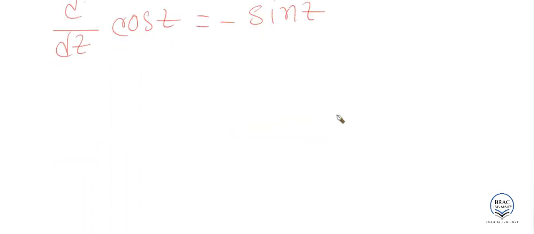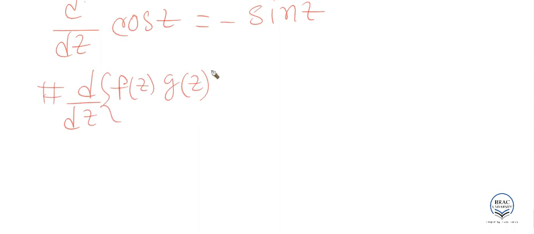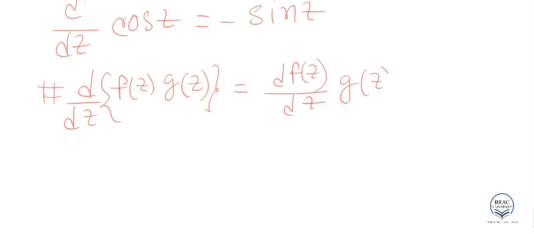And the final thing I want to say for today, that the product rule and the division rule, in general the product rule, that is, if you have two complex functions, let's say f of z and g of z multiplied together, and you want to find out the derivative of this thing, it is true that the product rule will hold.